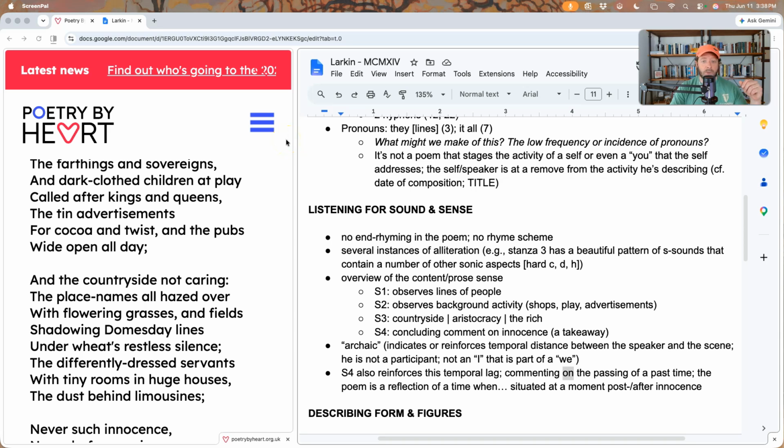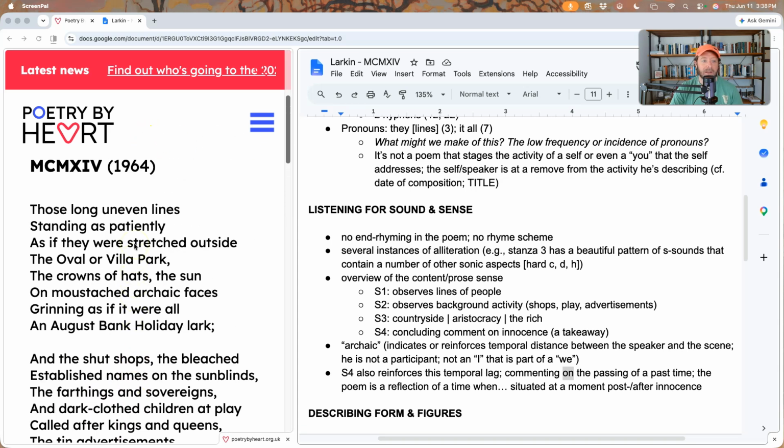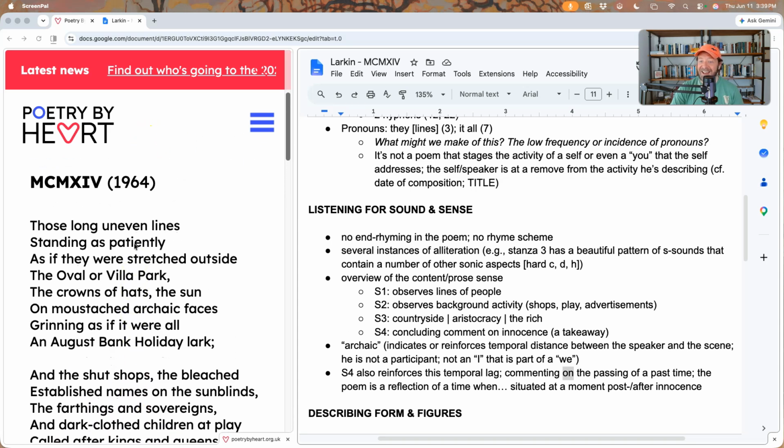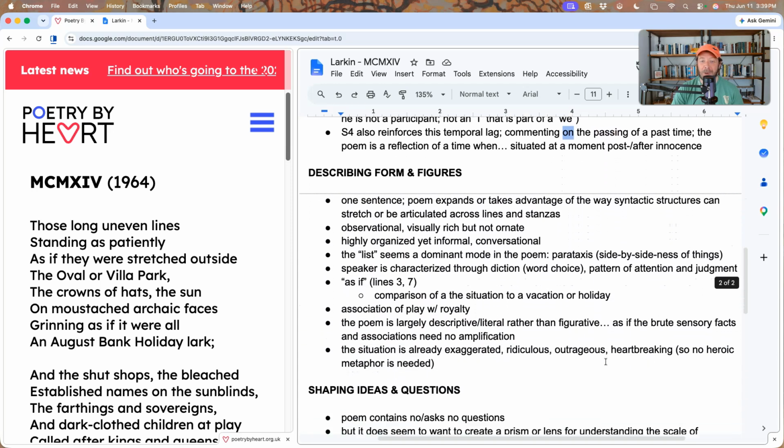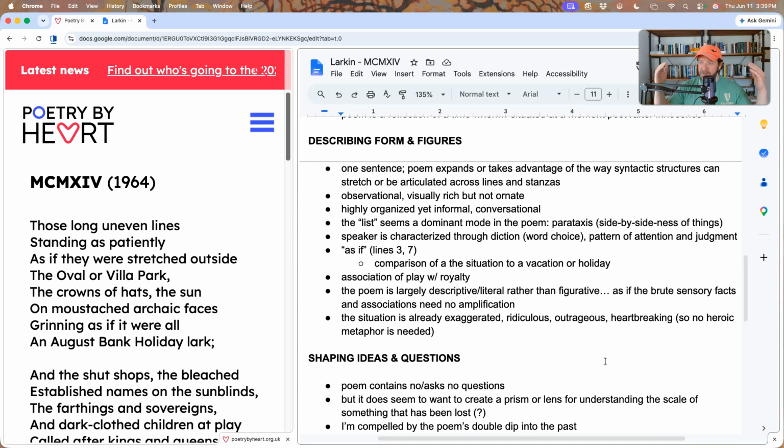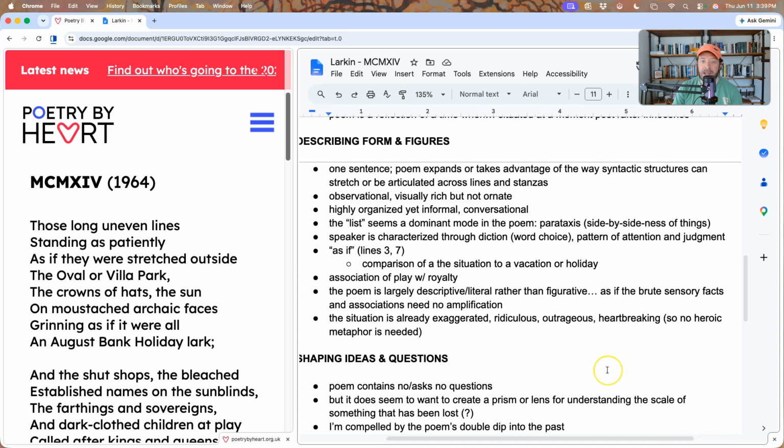In this video, we're going to wrap up my notes about Philip Larkin's "MCMXIV", which I started in a previous video, beginning with the insertion of a word that was missing in the previous video. As you can see, I've already pre-filled in my notes here, partly because I didn't necessarily want this video to carry on in the same way the first one did.